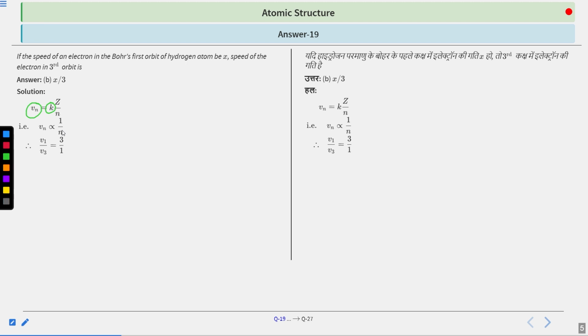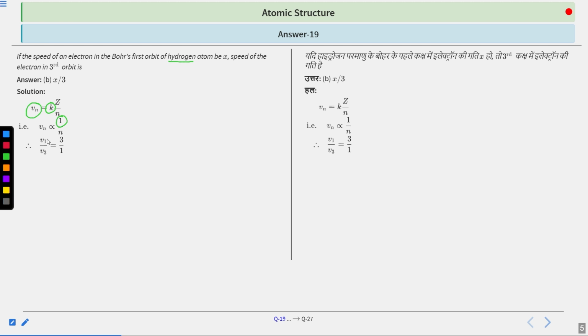Clear? Now, it is already given that we are considering the hydrogen atom, so z is equal to 1, and then we can say that Vn is directly proportional to 1 by n, since k is constant and z is 1.